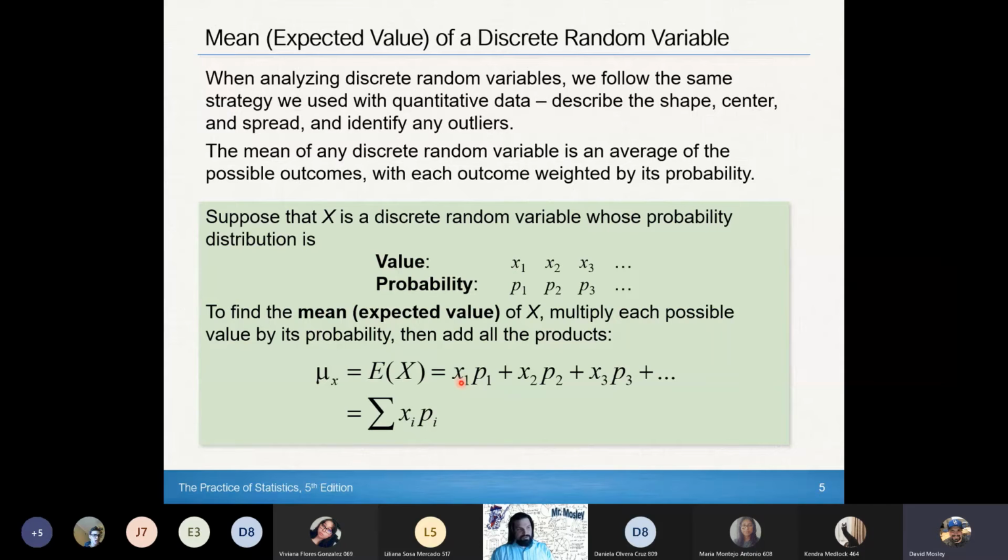And again, first outcome times its probability plus second outcome times its probability plus third outcome times its probability, and so on. Shorthand notation, we can use the sigma notation, which is summation. If you haven't seen this before, it is the Greek capital letter sigma, and it means add up all the possible things here, x sub i, p sub i.